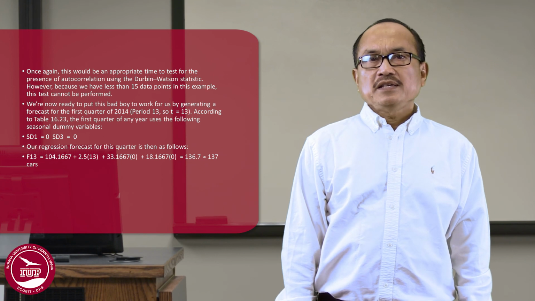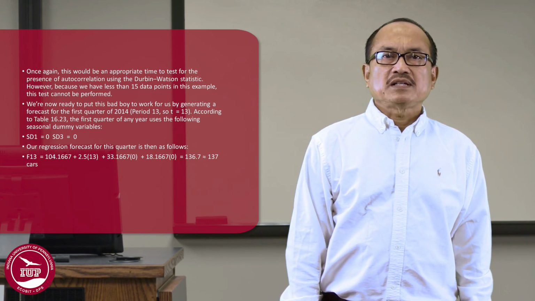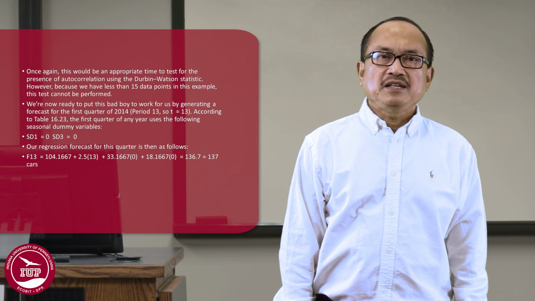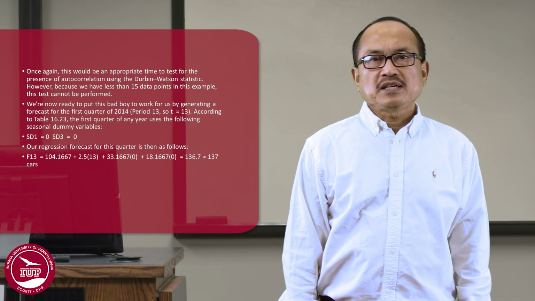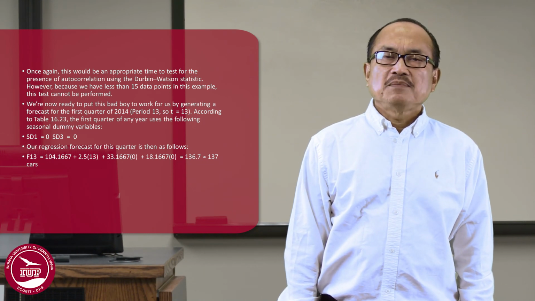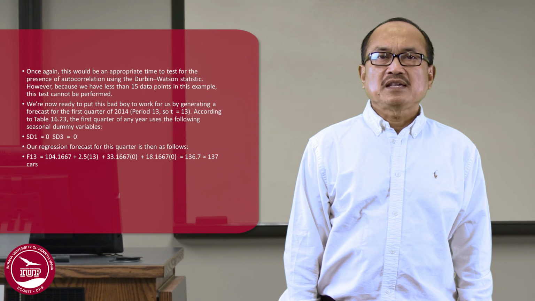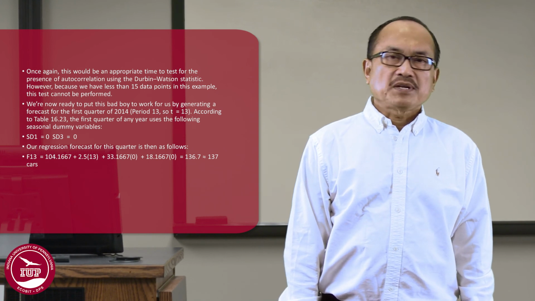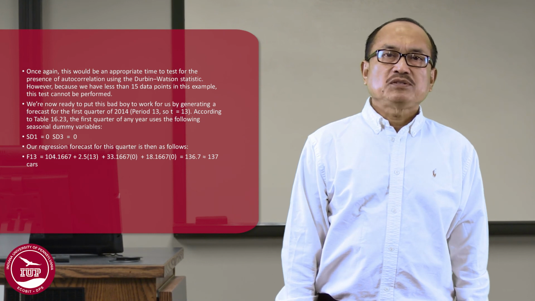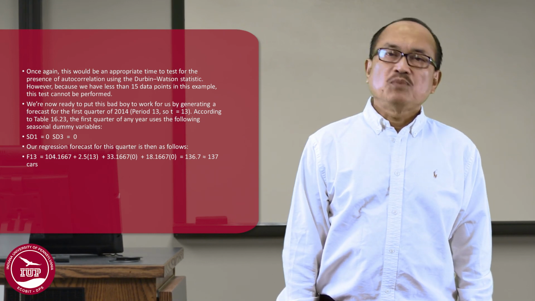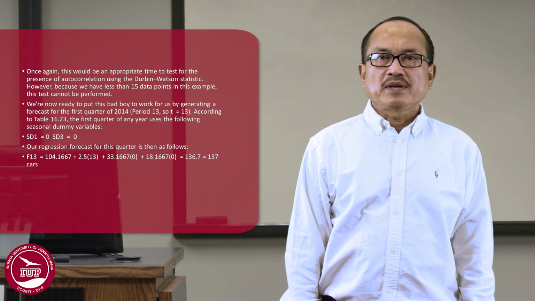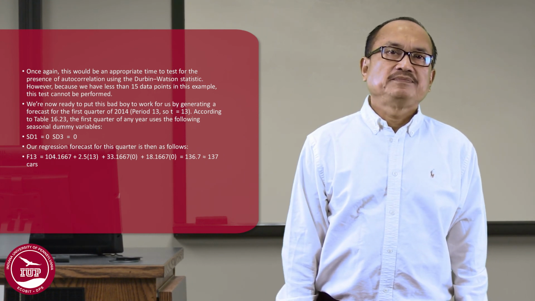Our regression forecast for this quarter is then as follows. F13 equals 104.1667 plus 2.5 times 13 plus 33.1667 times 0 plus 18.1667 times 0 equals 136.7, or approximately 137 cars.